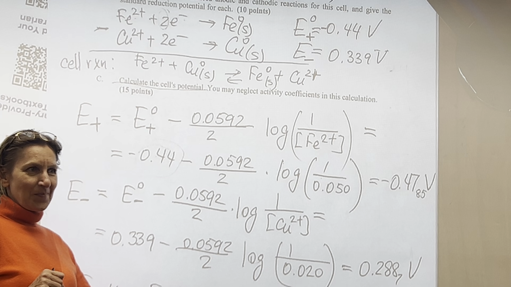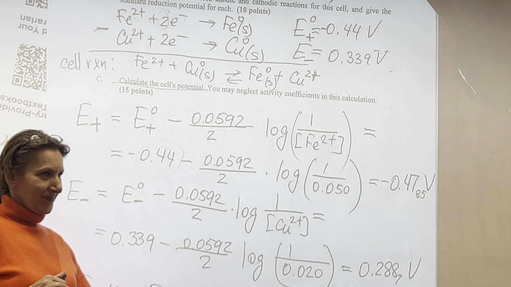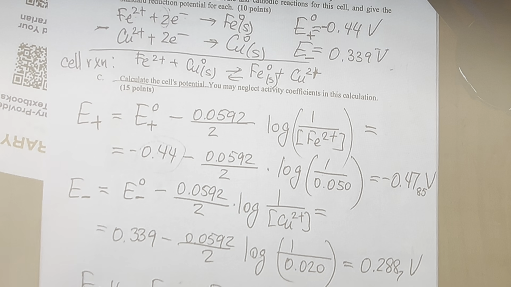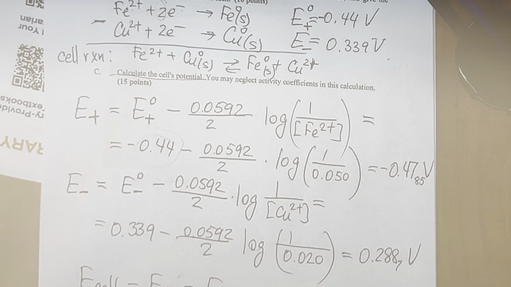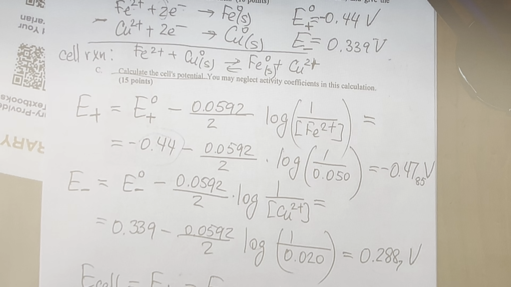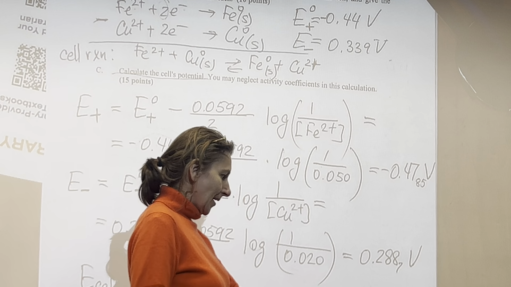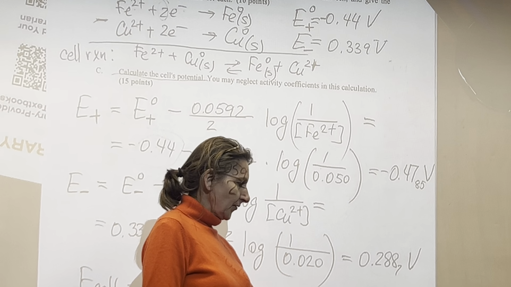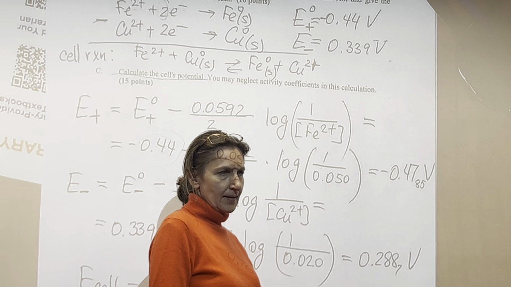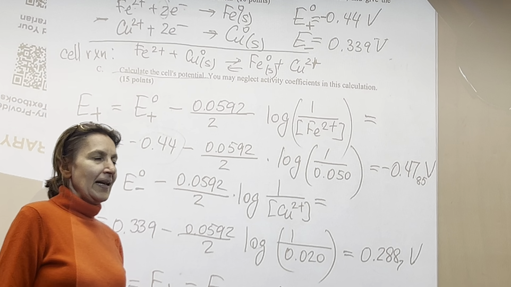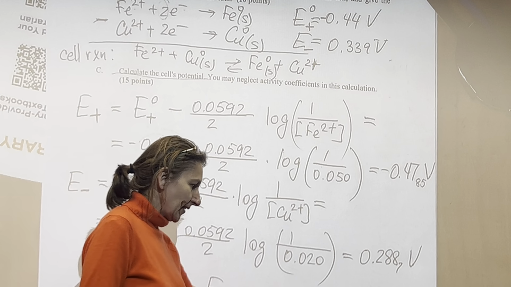Because E is negative, that makes delta G negative, right? No? It's exactly opposite. Okay, delta G is negative nFE. n cannot be negative. It's number of electrons. F cannot be negative. It's Faraday's constant. But E can be negative or positive.